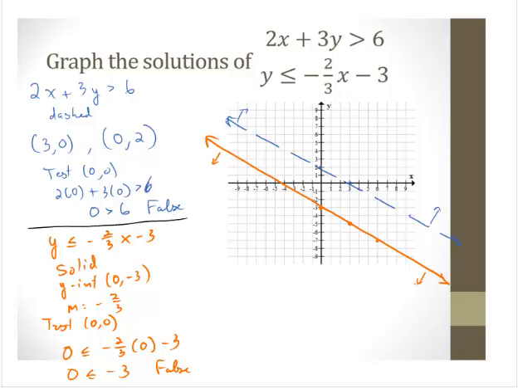There's no point that will satisfy both inequalities. This system has no solutions. There is no region that satisfies both of these inequalities. So we can't shade anything, and in fact, these graphs are useless.